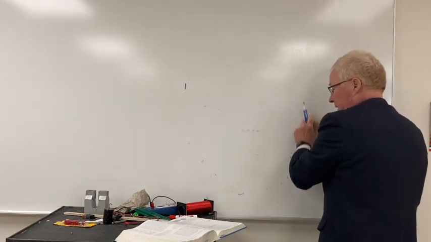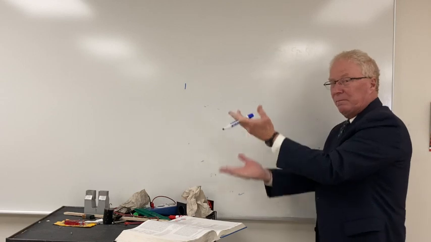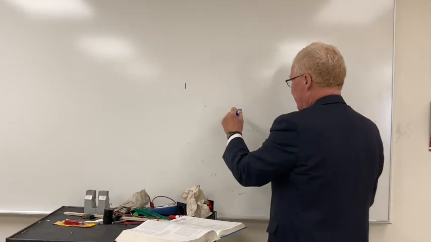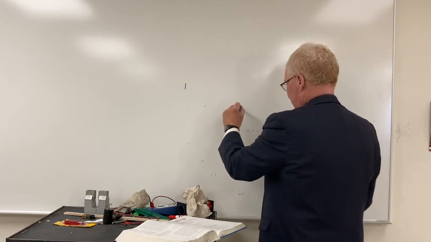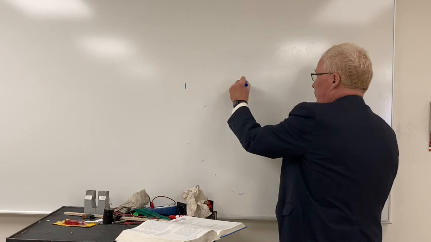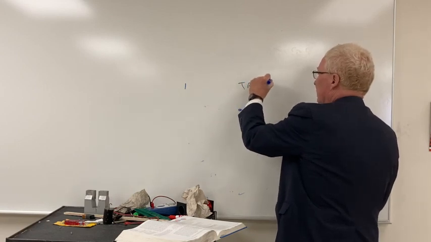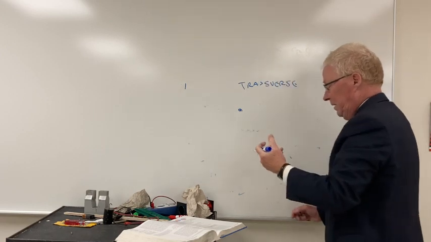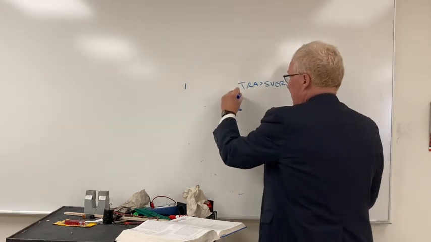So it's actually a propagating electromagnetic field, and light is what we call transverse, and normal sunlight is what we call unpolarized.